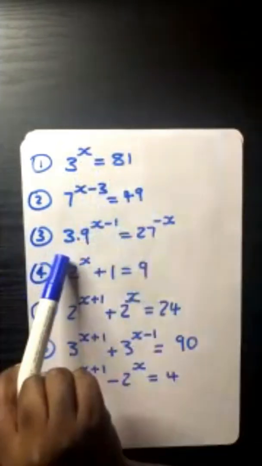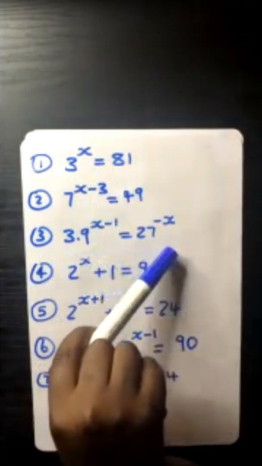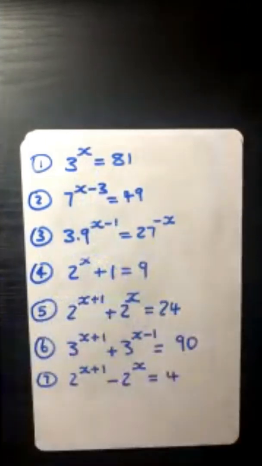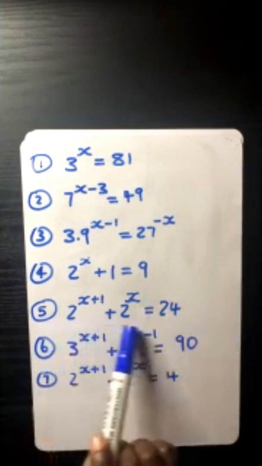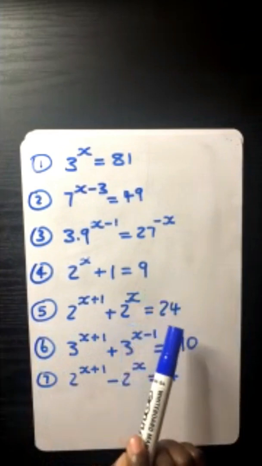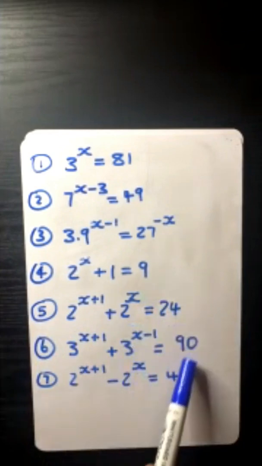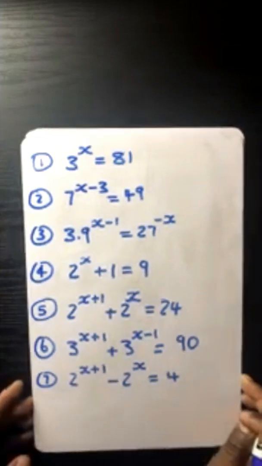Question number 3, one term on the left, one term on the right. So question number 4, how many terms have we got on the left? 2 terms, sir, then 1 on the right. So number 5, 2 terms on the left, 1 on the right.